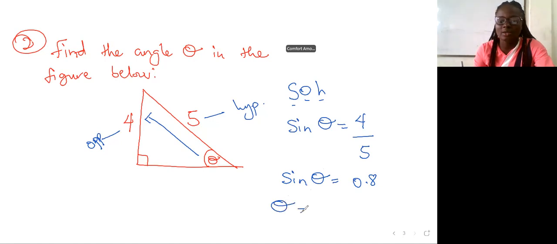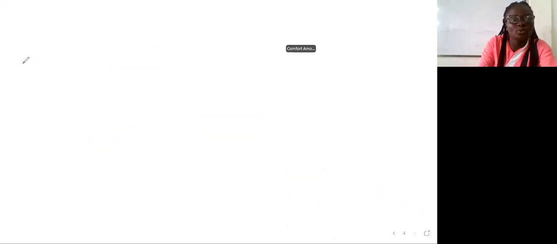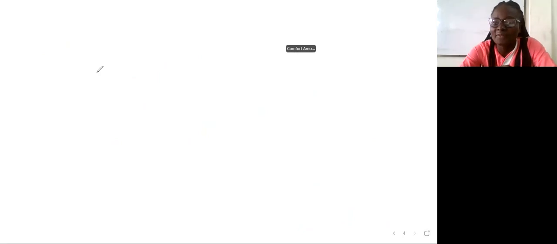So the angle is equal to the sine inverse of 0.8. What is sine inverse of 0.8? So therefore, theta is giving us 53.1 degrees.